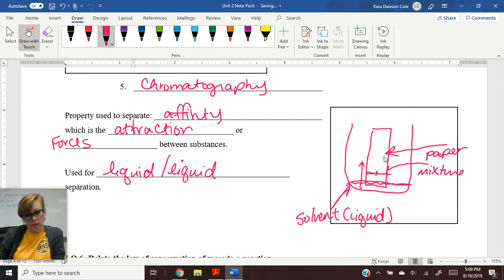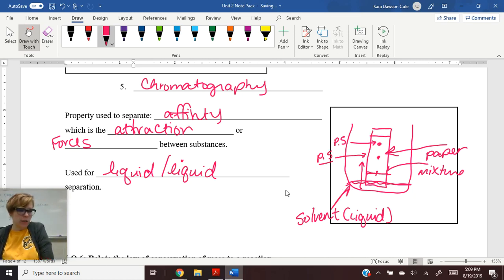The mixture is on this line. And as the solvent level rises, you get the separation of distinct pieces within your mixture. Like this would be a pure substance, and this, if we isolated it, would also be a pure substance. So we can see what things are in the liquid.